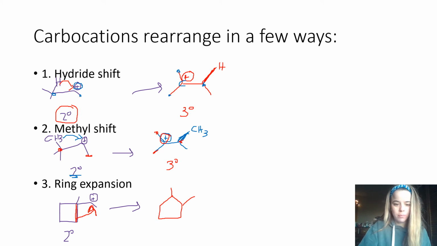So it's now going from this box-looking structure to a 5 carbon structure, and this new bond is formed here, and the positive charge moves to right here. So again, this is forming a tertiary carbocation, now 1, 2, 3 carbons, and before it was just 1, 2, which is a secondary carbocation, so we can label that tertiary.